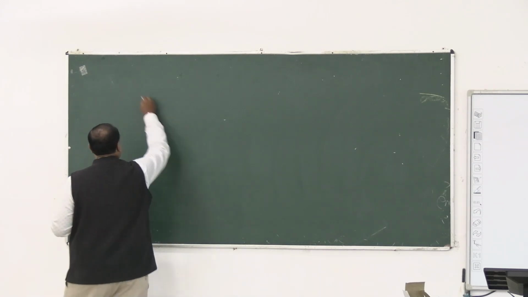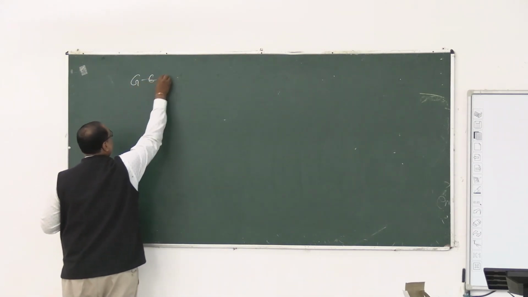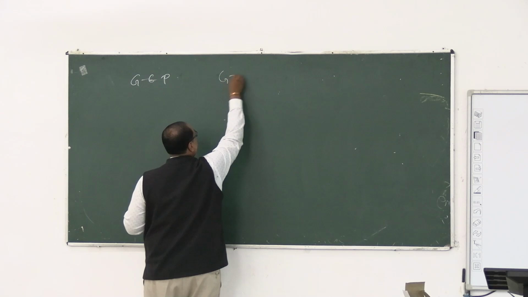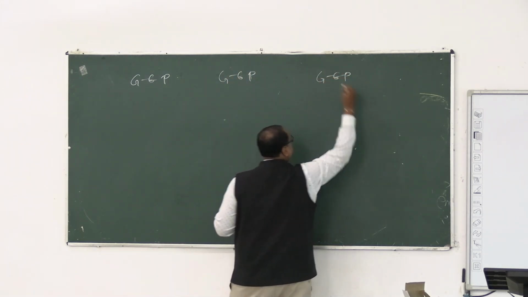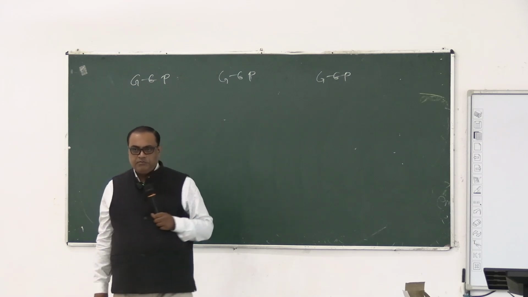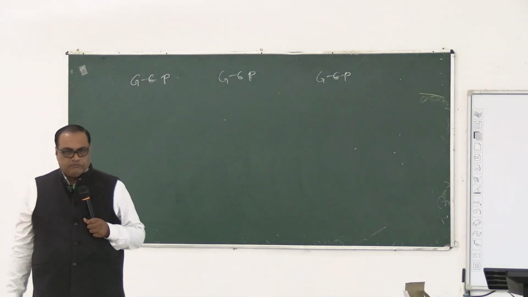So as I told, we will start with three molecules of glucose 6-phosphate. What is the first reaction?